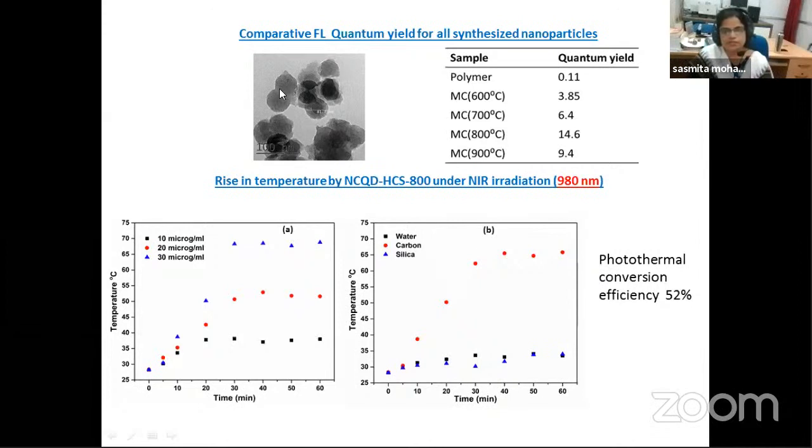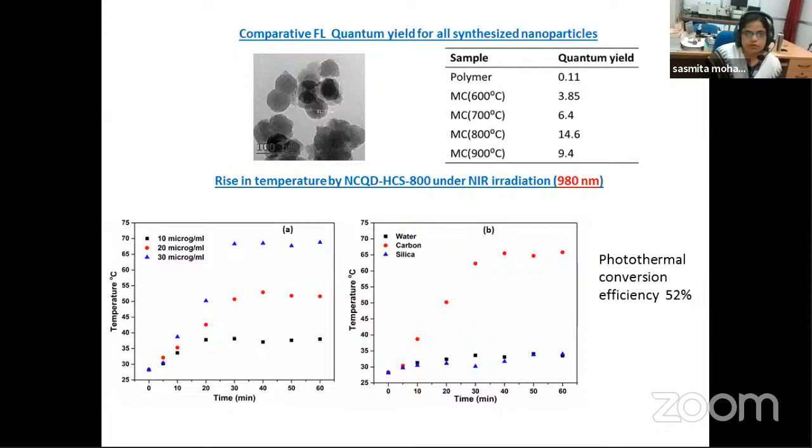We have optimized the synthesis of spherical carbon nanoparticles below 100 nanometer, because the synthesis of carbon nanoparticles is really challenging. It is difficult to produce spherical carbon nanoparticles below 100 nanometer.